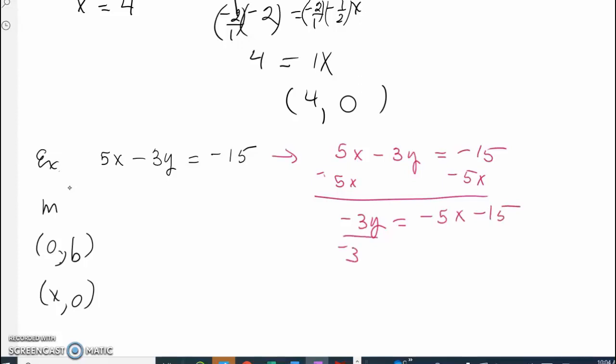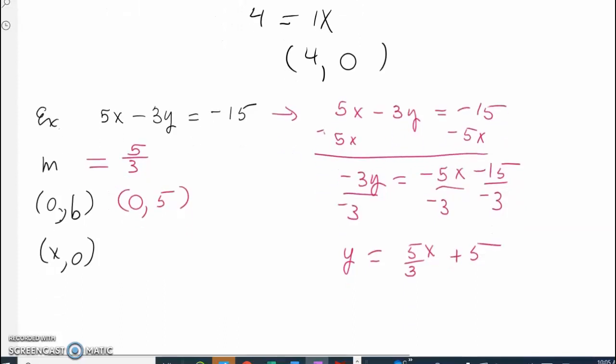You've learned that dividing the whole side by negative 3 is the same as dividing each term by negative 3. So we wind up with y equals, a negative divided by a negative, 5/3 x plus 5. From this, I can write that m is 5/3, and the y-intercept is (0, 5).